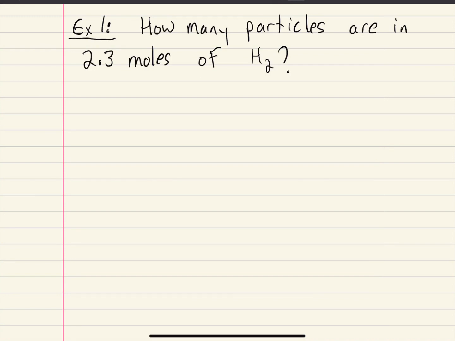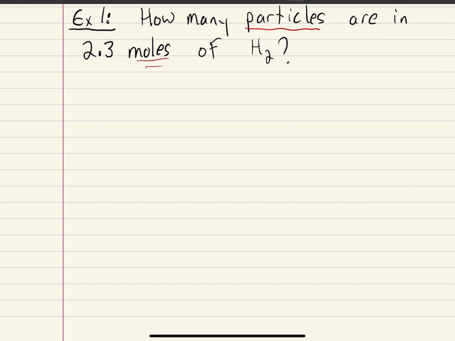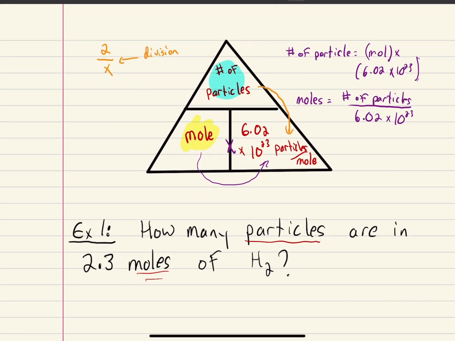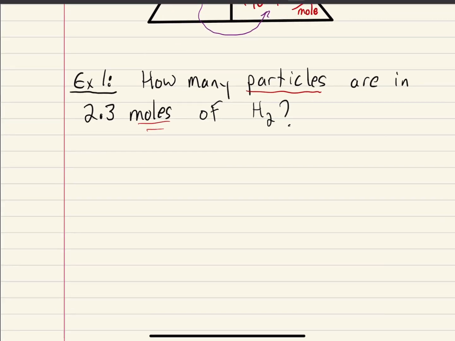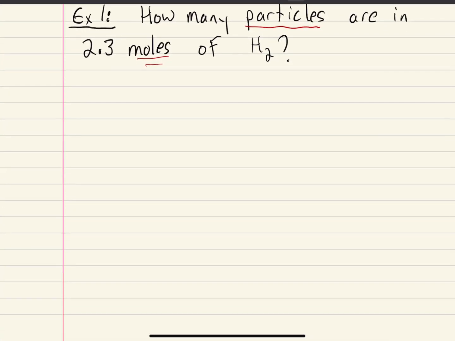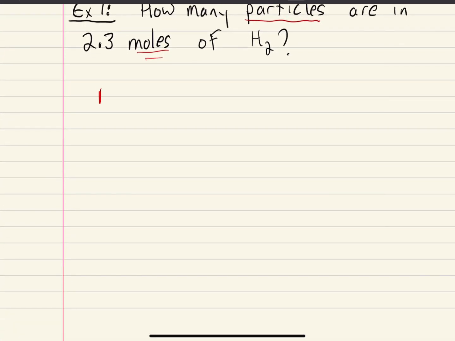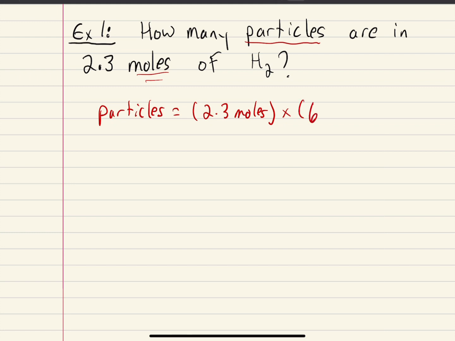The first example reads, how many particles are in 2.3 moles of hydrogen? When we go back to our triangle, we can see that the number of particles is equal to the moles multiplied by 6.02 times 10 to the 23. So we're going to write here that particles equals 2.3 moles multiplied by the constant of 6.02 times 10 to the 23 particles per mole.